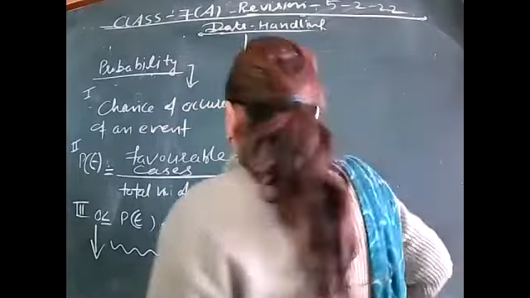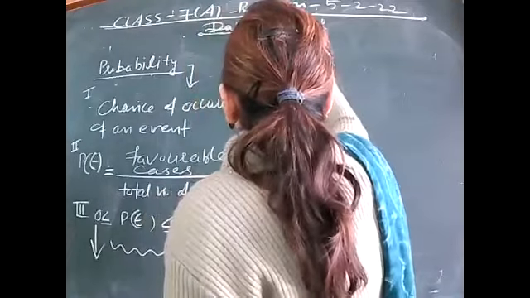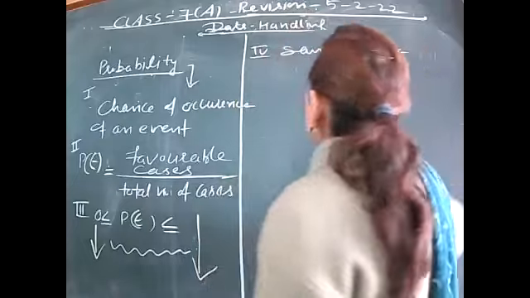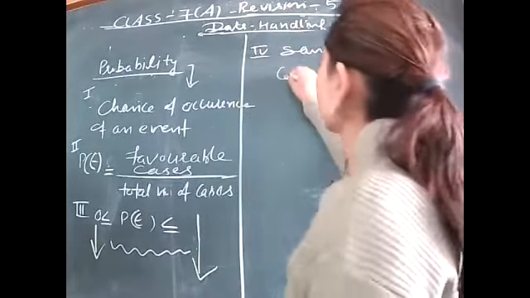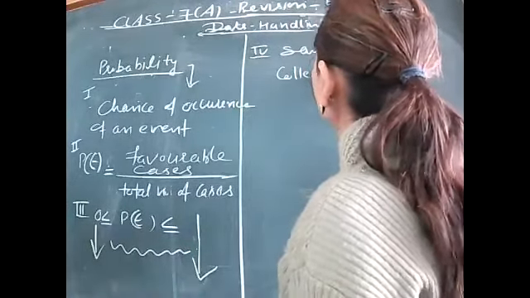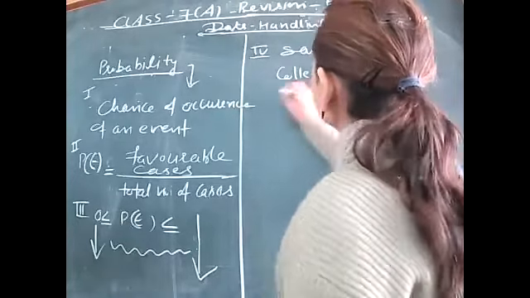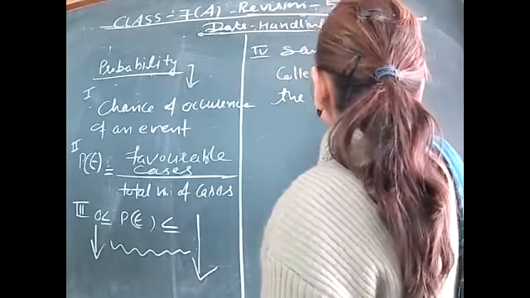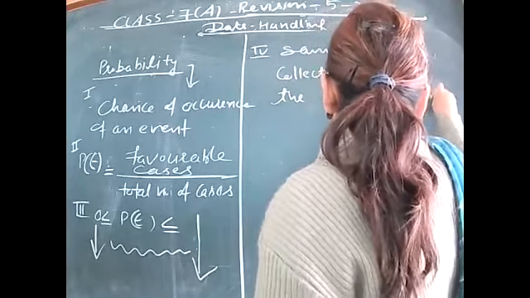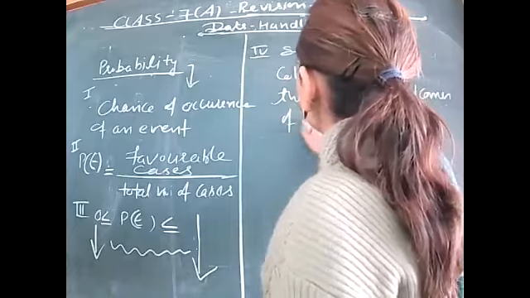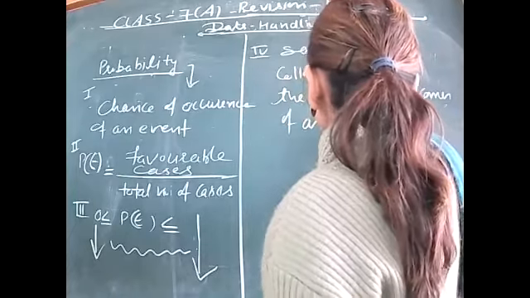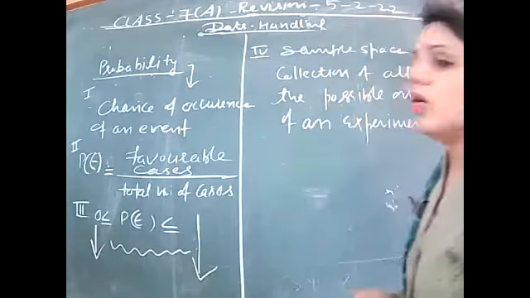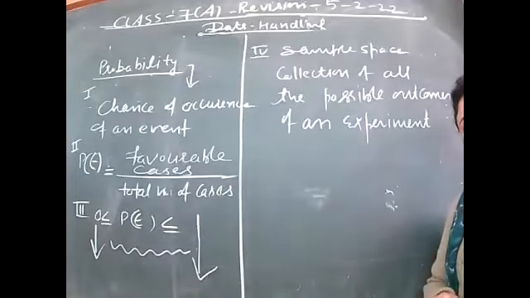Then we did sample space. Collection of all the possible outcomes of an experiment.